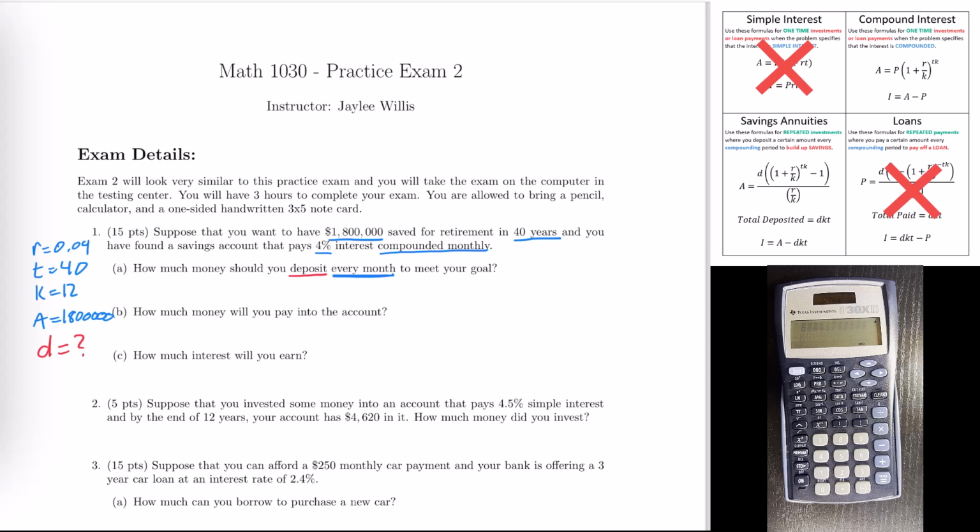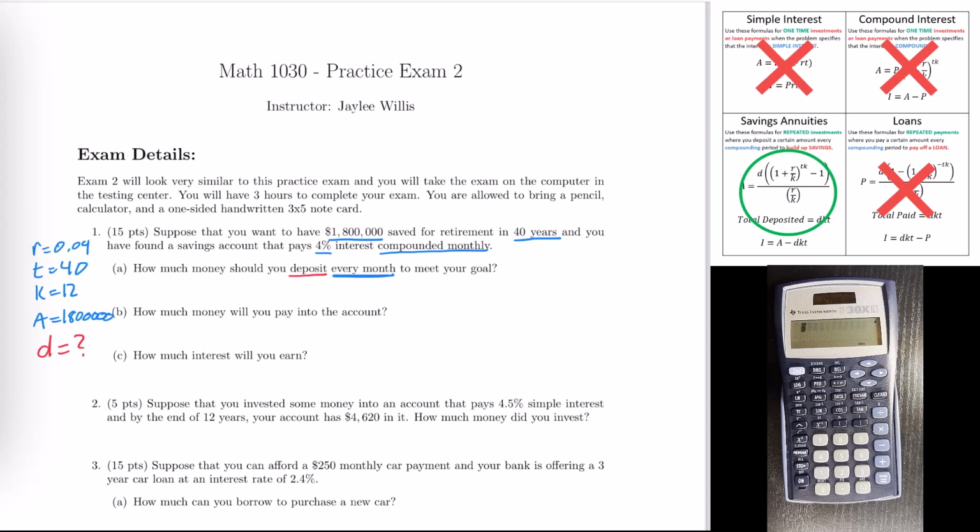And now I ask my last question, which is, is this a one-time investment that I'm making, or is it one where I'm making repeated investments over time? And since the question asks us how much money should we deposit every month to meet the goal, that means that it's going to be a repeated investment, which means that it's a savings annuities situation.